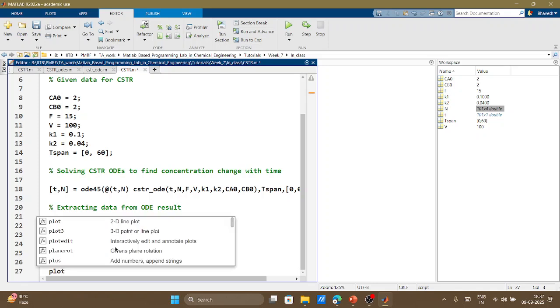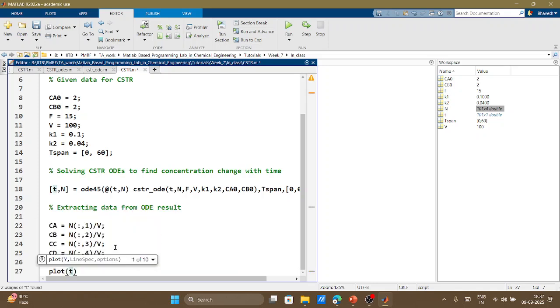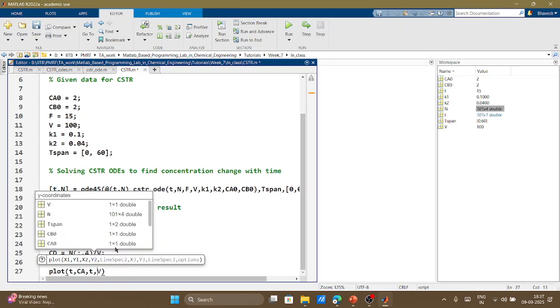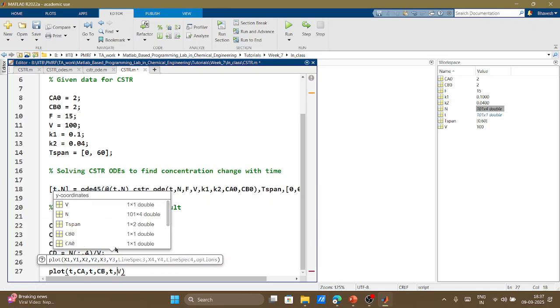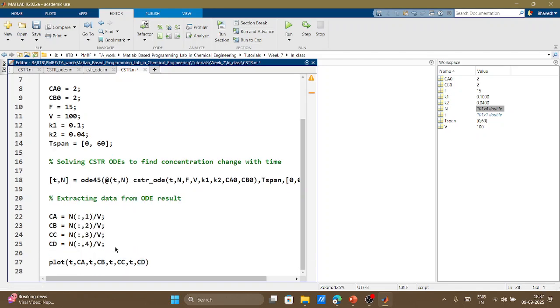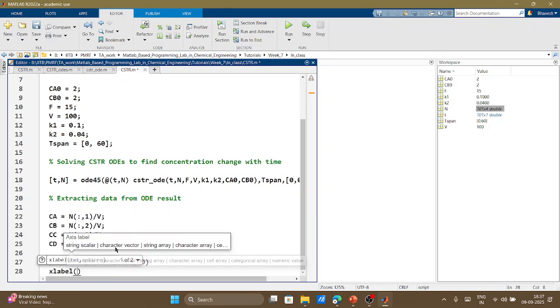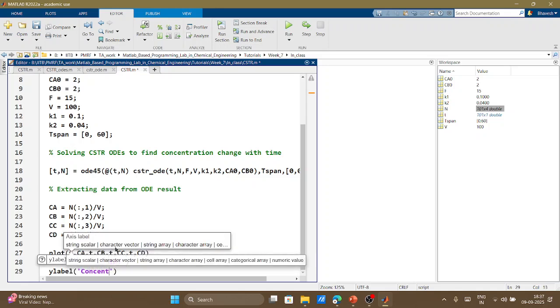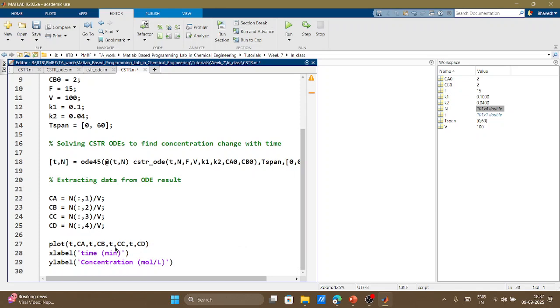Now you can plot them. Plot your time t versus CA, time t versus CB, t versus CC, t versus CD. X label is time in minutes, Y label is concentration, in moles per liter, right?